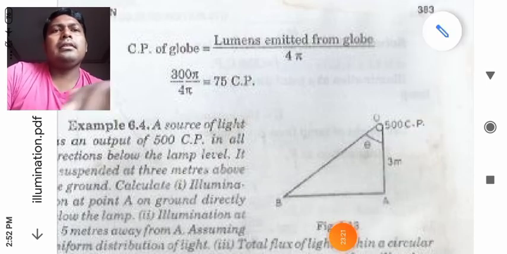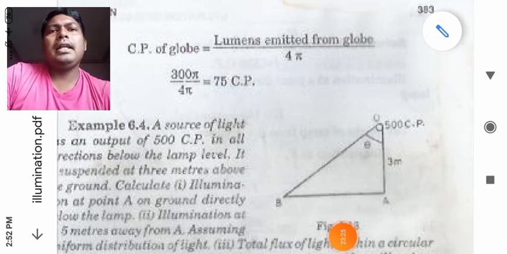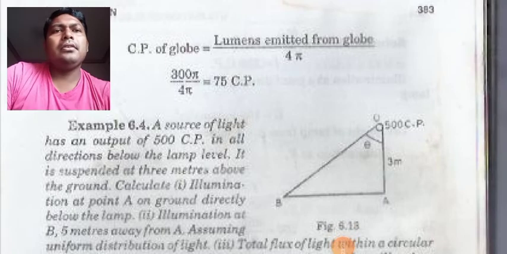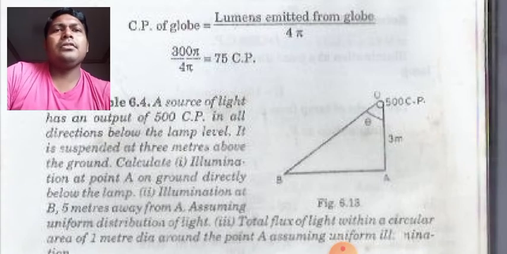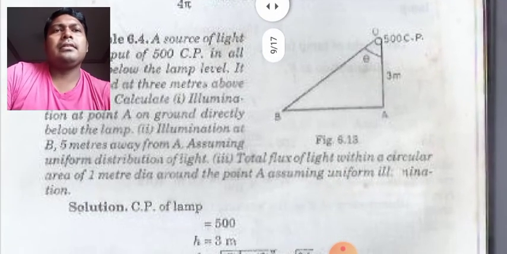Calculate the illumination at point A on ground directly below lamp. So below lamp, what will be the illumination? You have to find out. Illumination at B, 5 meter away from A, assuming uniform distribution of light.